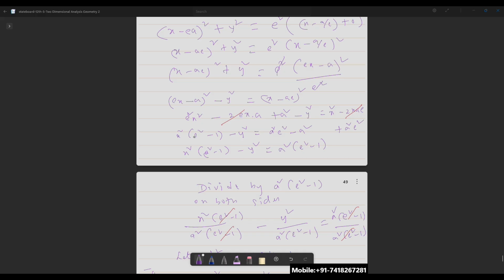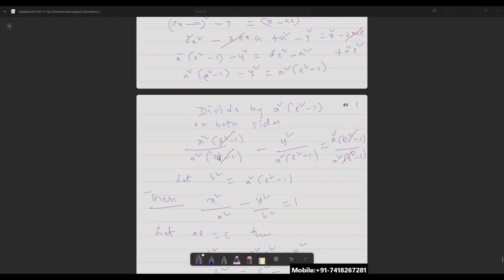These two cancel each other, and on simplification, taking x square common, this is e square, this side you have 1, so that becomes e square minus 1, and you have minus y square. The right hand side a square e square remains as such, and bringing a square, on the other side you will have a square common into (e square minus 1). Now we can divide on either side by a square into (e square minus 1).